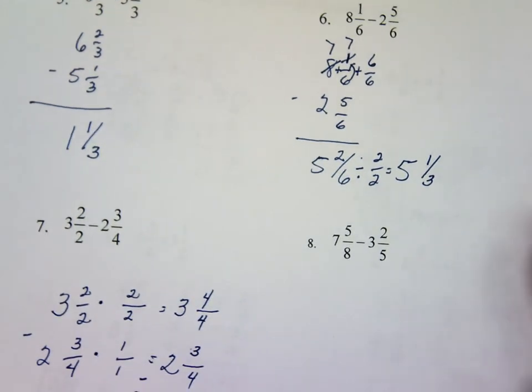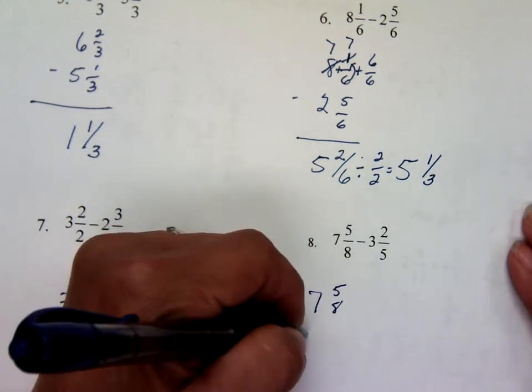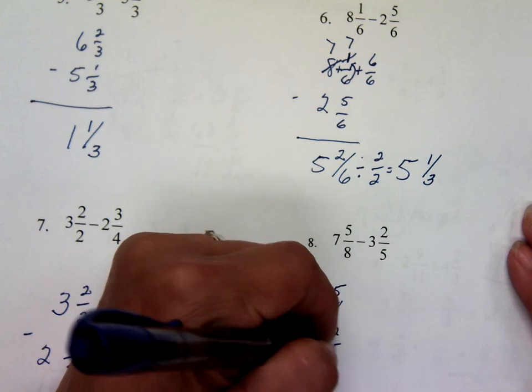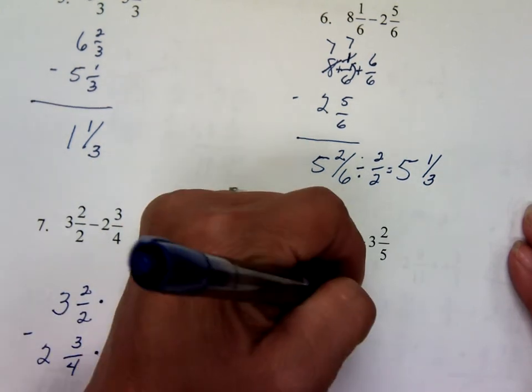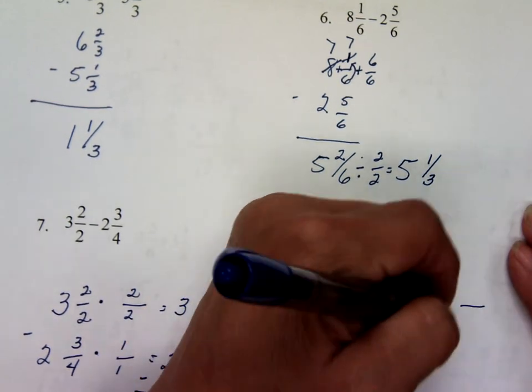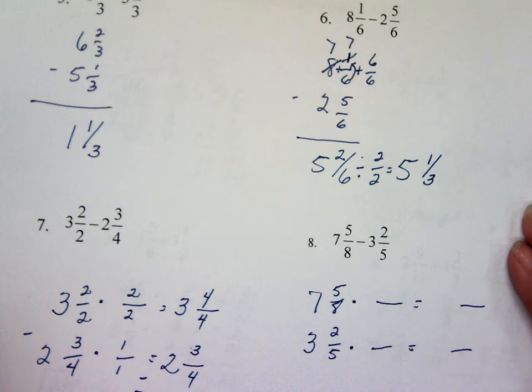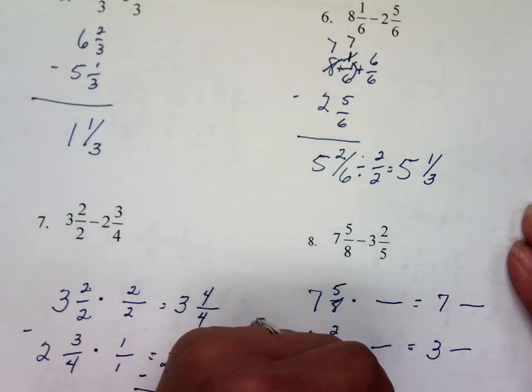Let's look at number 8. So you have 7 5/8 minus 3 2/5. Okay, so now you have to do your setup because the denominators are different. Don't forget to bring over your whole number. So I put a 7 here and a 3 here. Here's your 8 and 5.